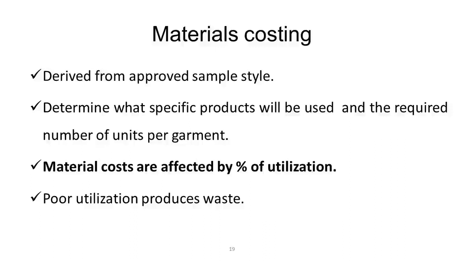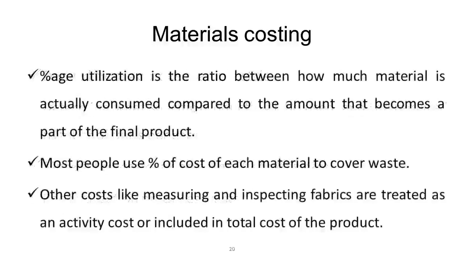And if you do not know the percent utilization with a high level of accuracy, it is going to lead to poor utilization. And this poor utilization is going to lead to waste, and waste is something that we do not want at all. So simply put, percentage utilization is the ratio between how much material is actually consumed compared to the amount that becomes a part of the final product.